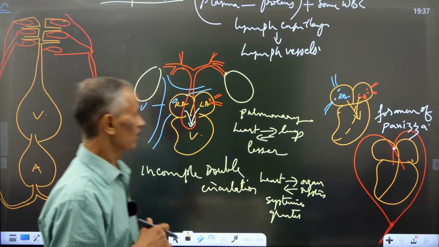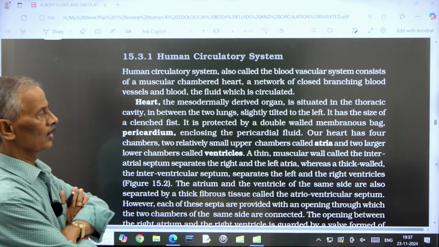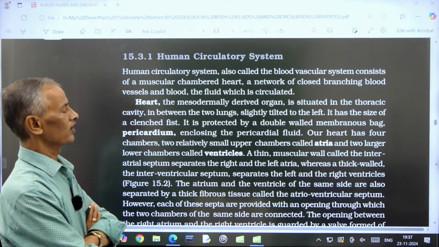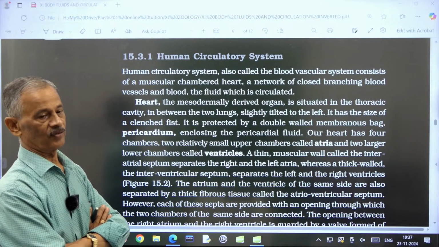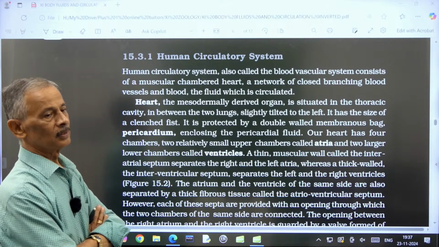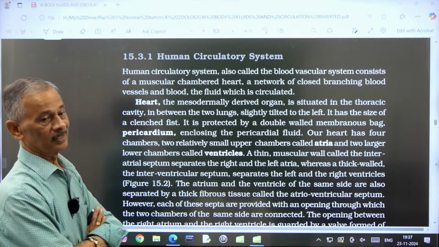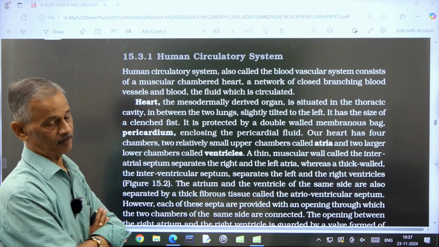Okay. So remember that the heart is located in the thoracic cavity, in the gap left between the two lungs, that is the mediastinum.